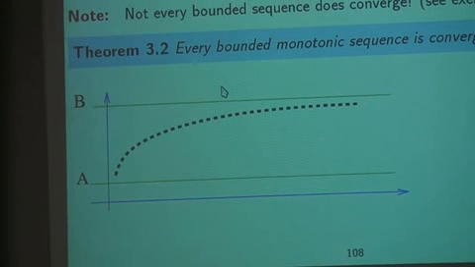The question is, you have to give me an example of a sequence that is bounded but not convergent. If the sequence hits the bound or the limit, that doesn't matter. Give me an example of a sequence which is bounded but not convergent.